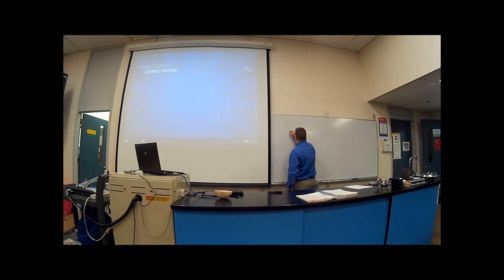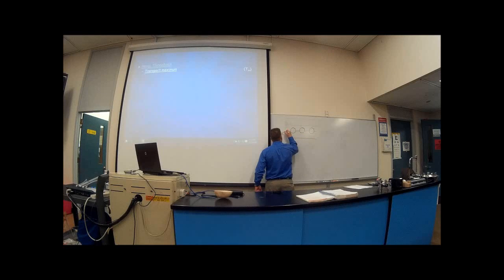If this is a proximal convoluted tubule, and I'm just giving you an example, let's say we have a carrier molecule here, a carrier molecule here, and a carrier molecule here. And here's where your peritubular capillary is. So this is your PCT, and this is your capillary.